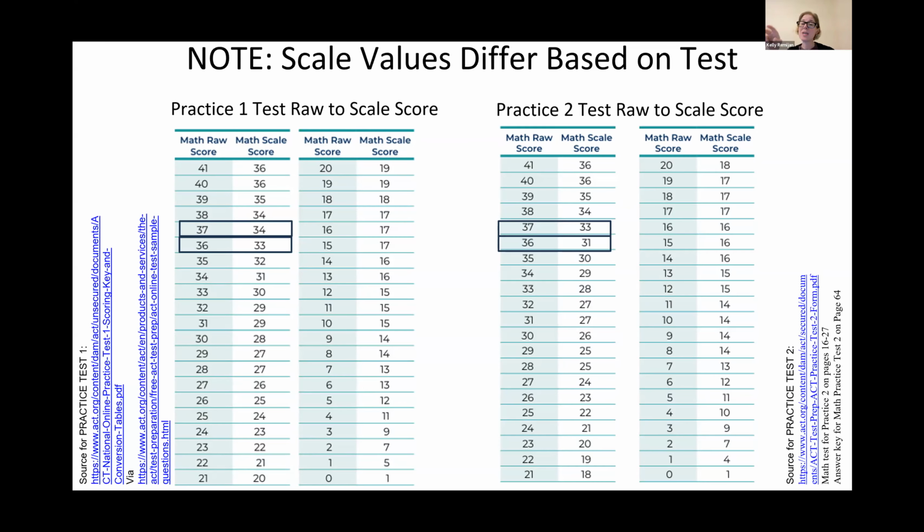But on practice test 2, the raw score was 37 and the math scale score was 33. So it's important to note that they're not always going to be the same. The raw score on one test is not going to correlate to the scale score on another test. It's important to highlight that for students to understand.